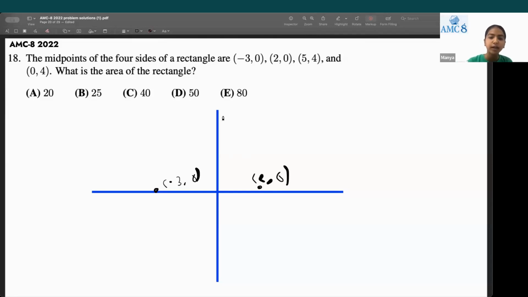And then this will be (5, 4), which will be somewhere here. And this can be (0, 4), somewhere here. And this should be looking something like that.